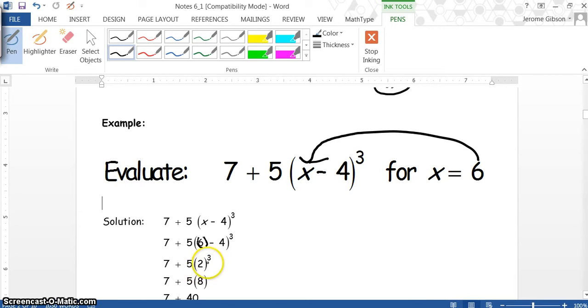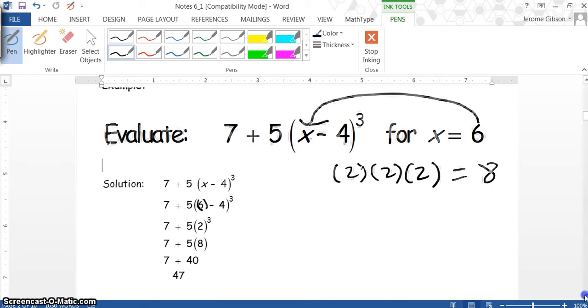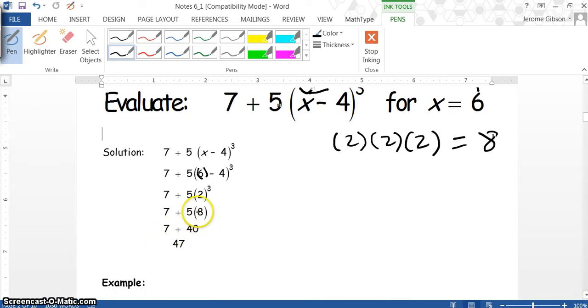So we do the exponents next. Parenthesis 2 cubed is the same as parenthesis 2 times parenthesis 2 times parenthesis 2, which will give us positive 8, which we have here. So now we have 7 plus 5 times 8. So now we know we have addition and multiplication. So we do our multiplication. 5 times 8 gives us 40, and 7 plus 40 is 47.